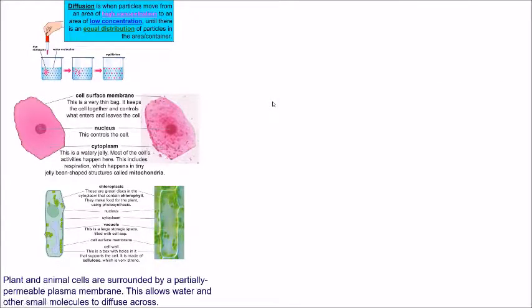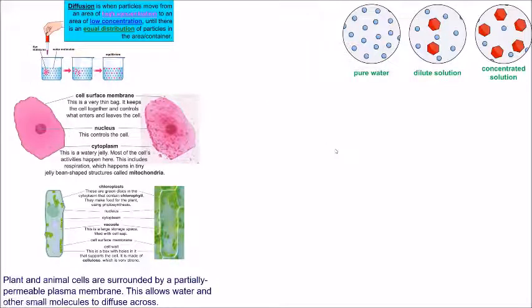Now, what we need to think about is the actual spread of water specifically. Okay, now I've used the word concentration up here in terms of high concentration. Now in this sort of sense, we're talking about the things that are dissolved in the solution. So the concentration in these cases would be those red hexagons.